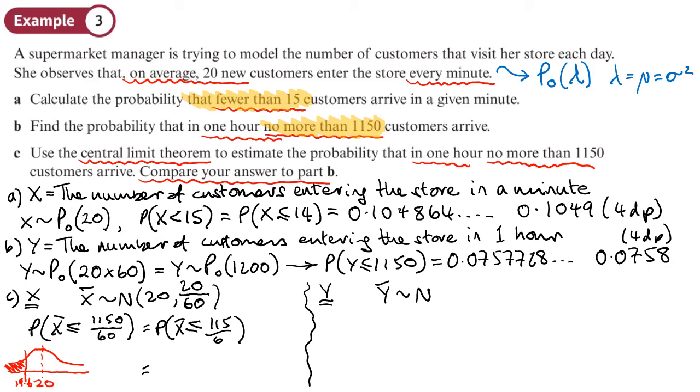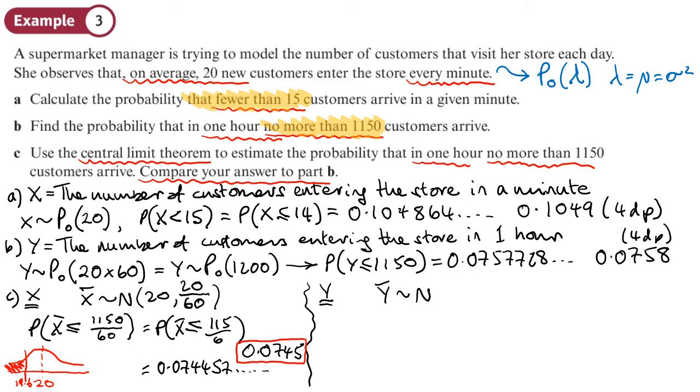And the mean is going to be 20. And if I do that, I get an answer of 0.074457. So to 4 dp, I will get 0.0745. Okay, so I'm just going to keep that there.